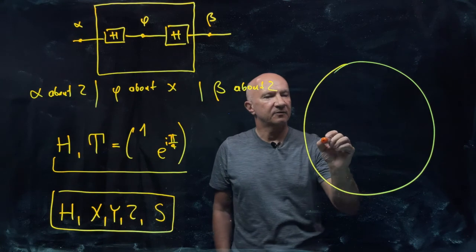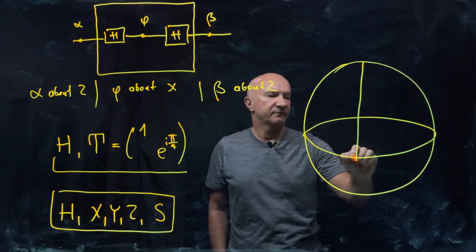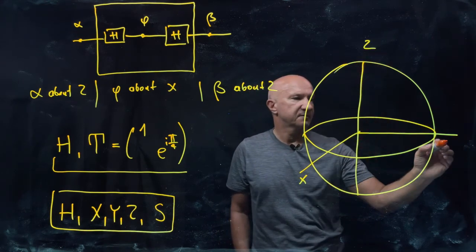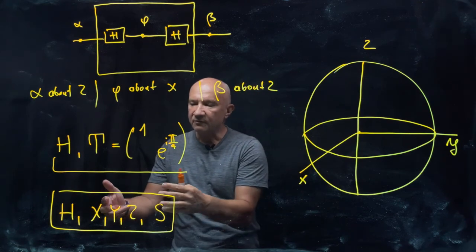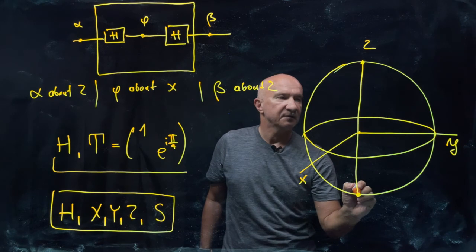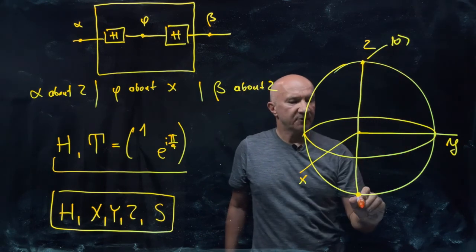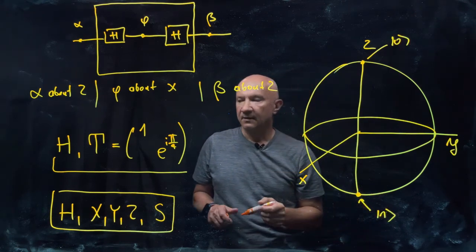You have your z-axis here, x-axis here, y-axis here. If you start with state 0 or state 1, the north pole corresponds to state 0, and the south pole here corresponds to state 1.